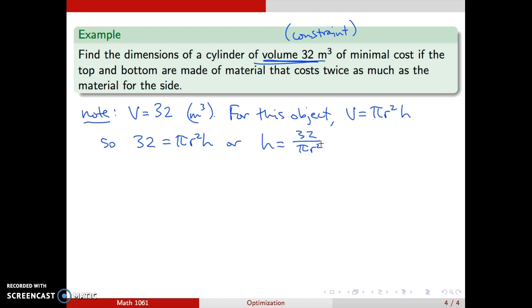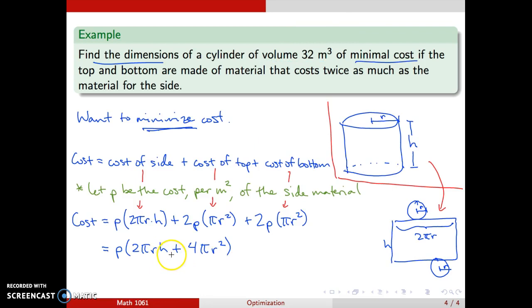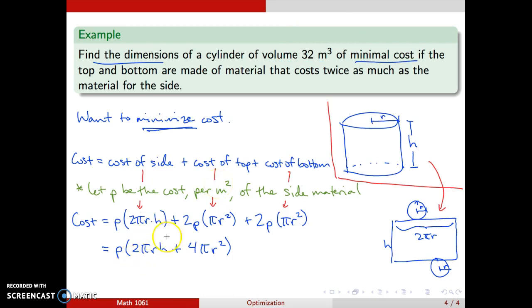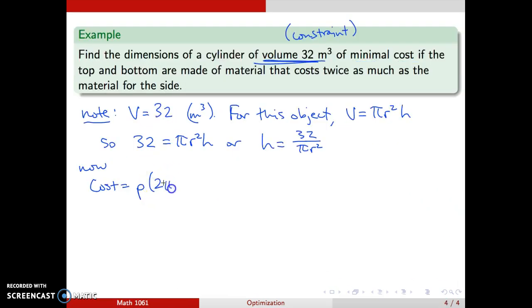That constraint is going to let me get rid of one of my variables, H. So now cost is P, that price per area of the side materials, times 2 pi r times h, plus 4 pi r squared, which is P times 64 over r, so the pi's cancel and one of the r's will cancel, plus 4 pi r squared.